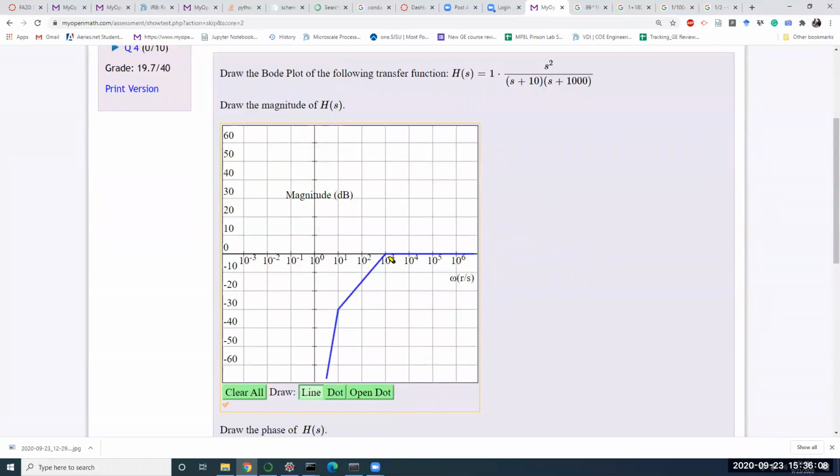And again, you know, I should have drawn that here. But here's the thing. This one's actually wrong. I should have come down to 40, here, 40.